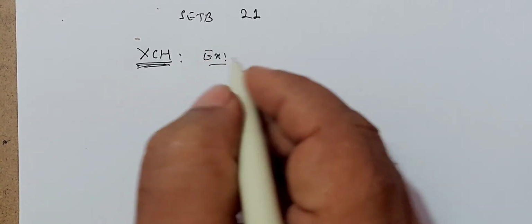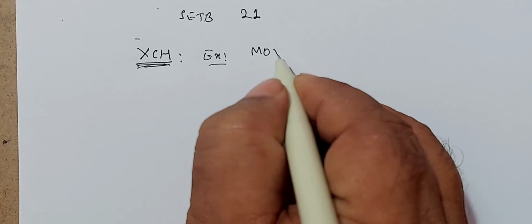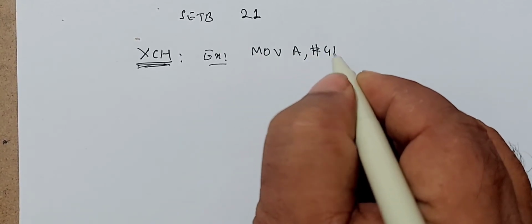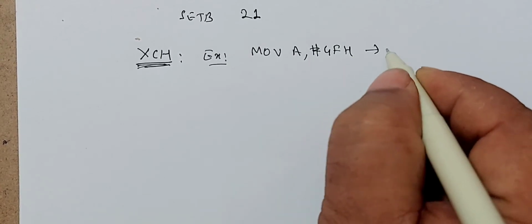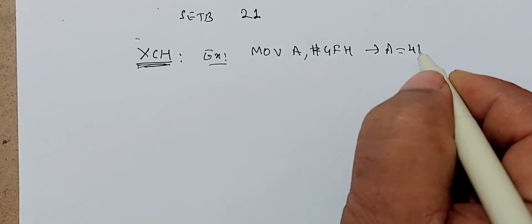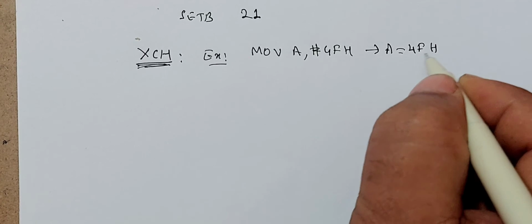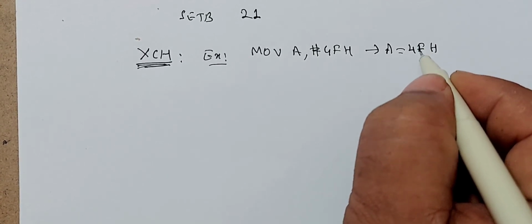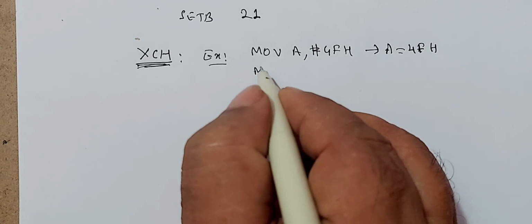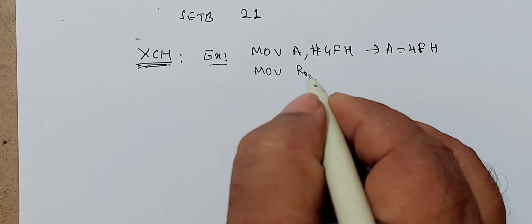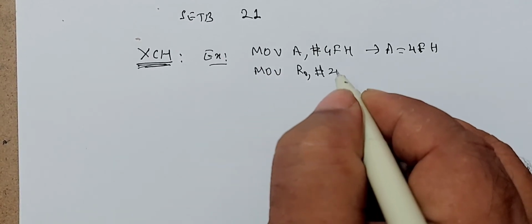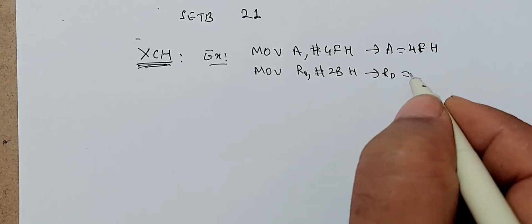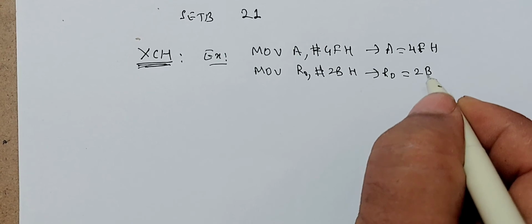Example of exchange. Now I will load A with a value, 4FH. Now A contains 4FH, where H means hexadecimal number 4F. I will load MOV R0, #2BH. That is, register R0 is now loaded with the hexadecimal value 2B.